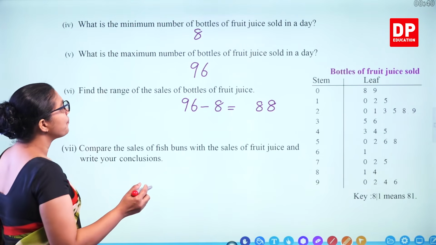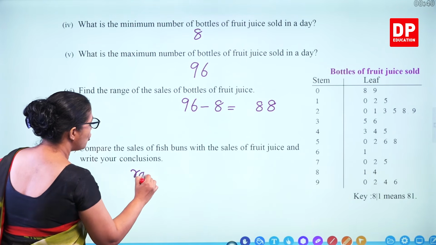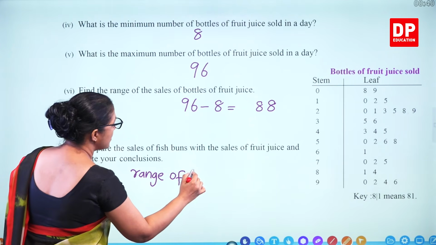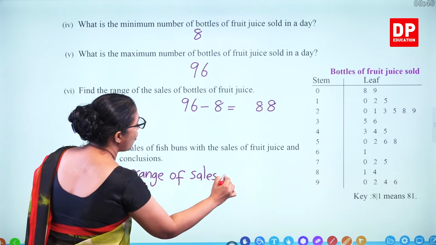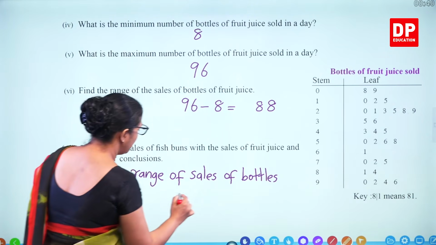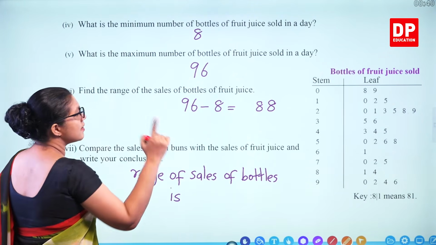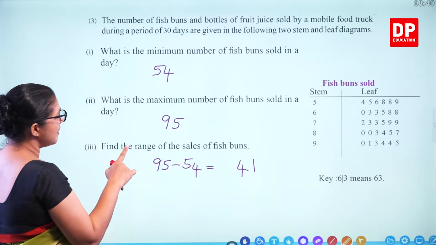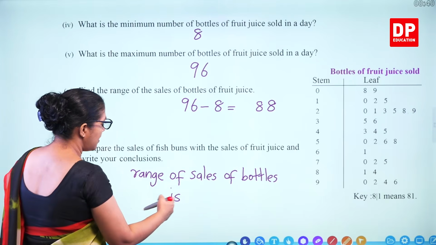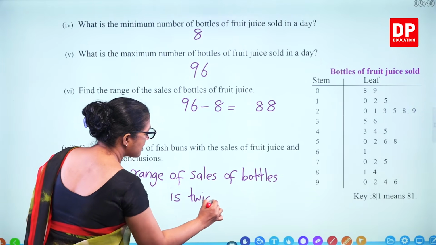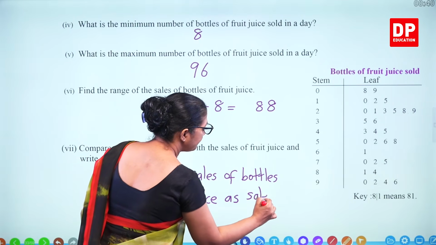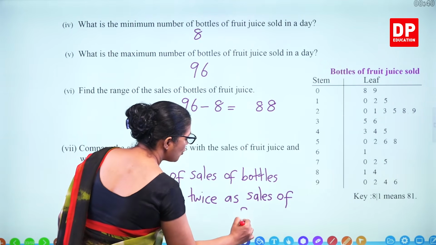You can say the range of sales of bottles is twice as, because this is 41 and that is twice as, the sales of fish buns.